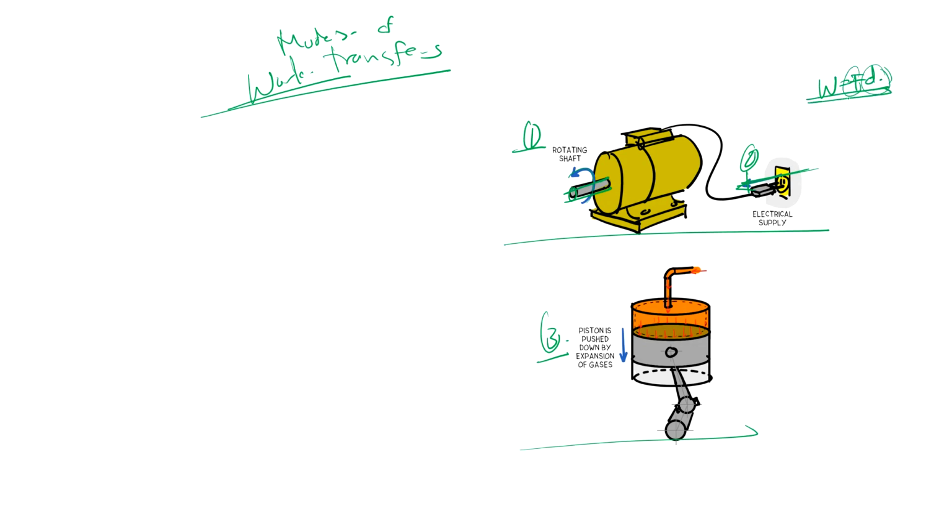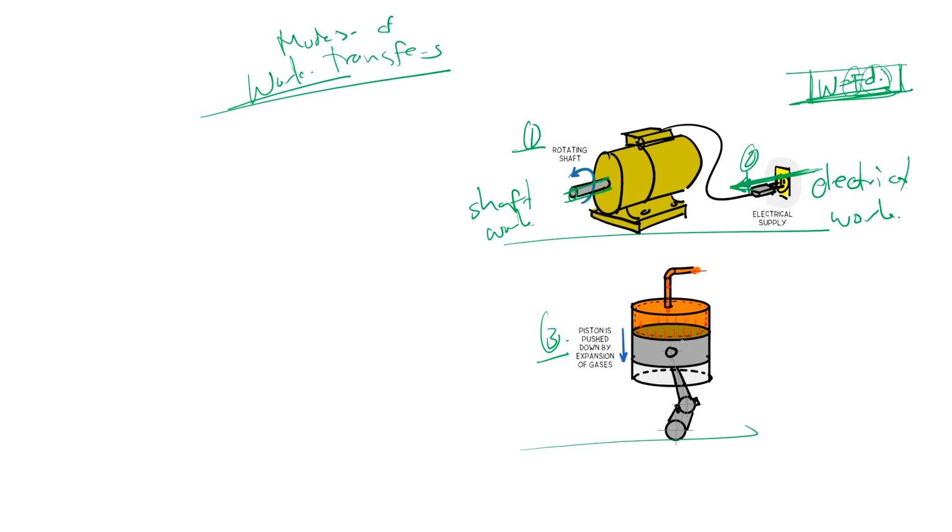Since there's no distance involved here, unless we are referring to electrons or the charges that move, then maybe that can be defined that way. But since this is non-mechanical, and also not by virtue of temperature difference, this is going to be electrical work. And this one is, let's just say, shaft work.